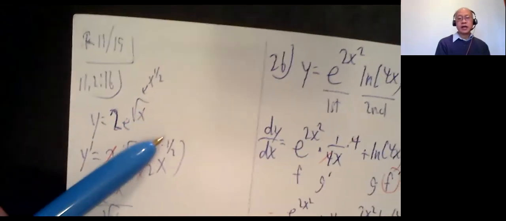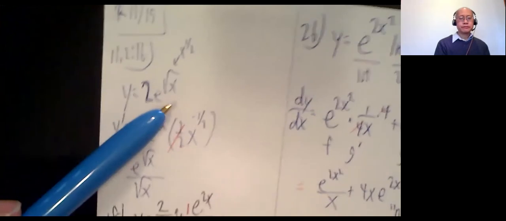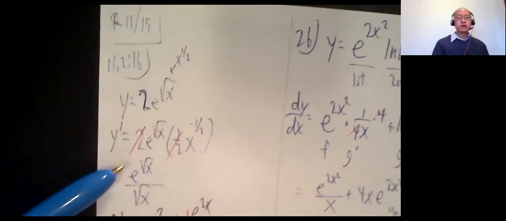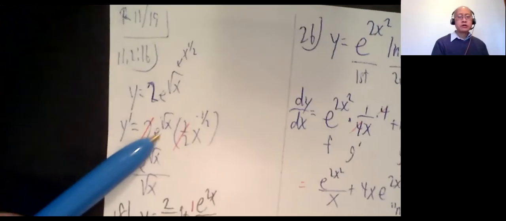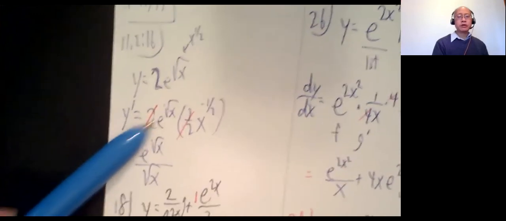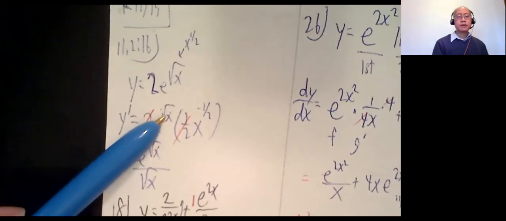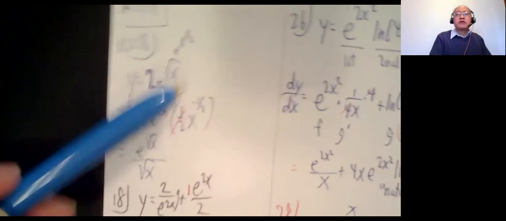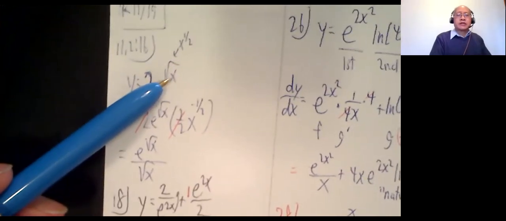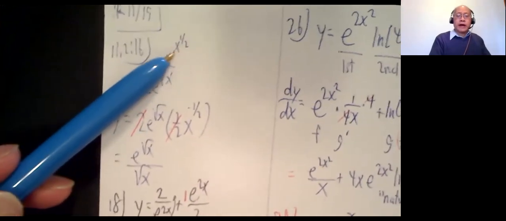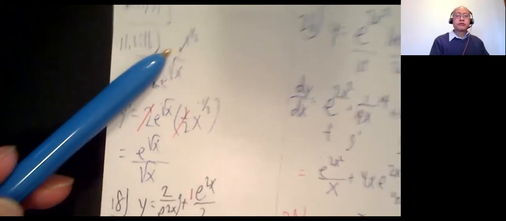Square root of x, x to the 1/2. So the derivative is same thing, 2e to the radical x, temporarily ignore the red. Then by the chain rule, times the derivative of radical x, or x to the 1/2. So derivative of x to the 1/2 is 1/2 x to the negative 1/2.